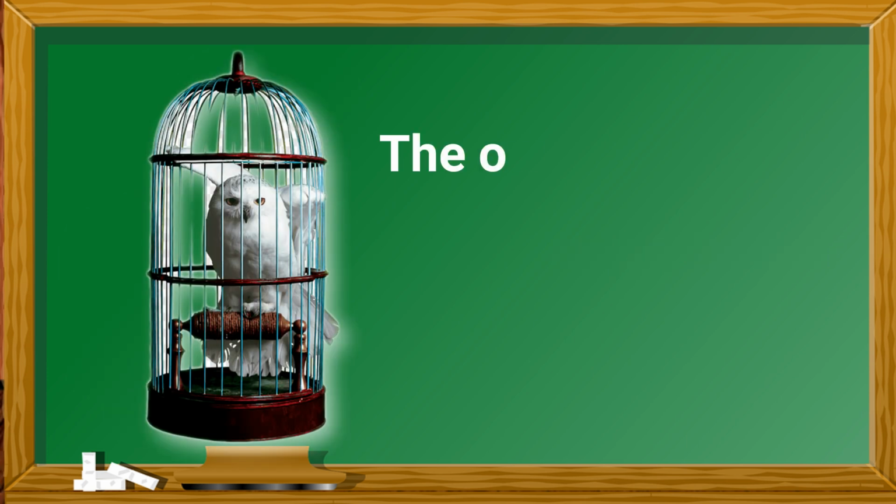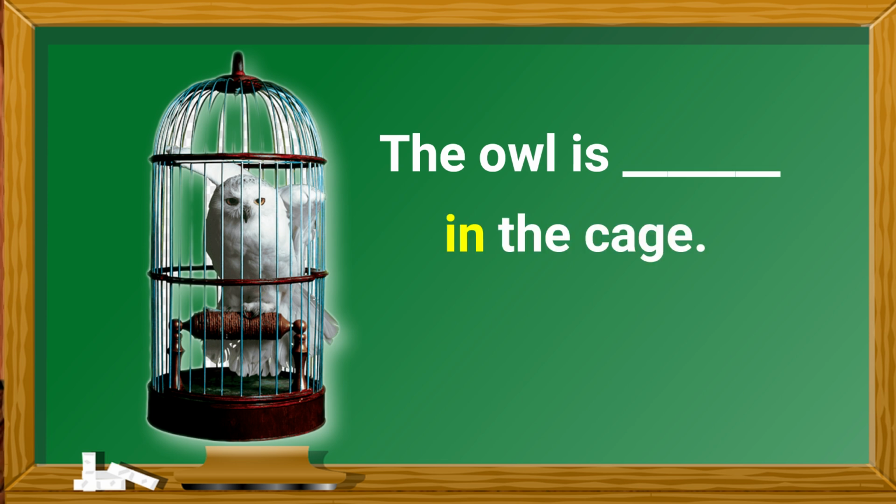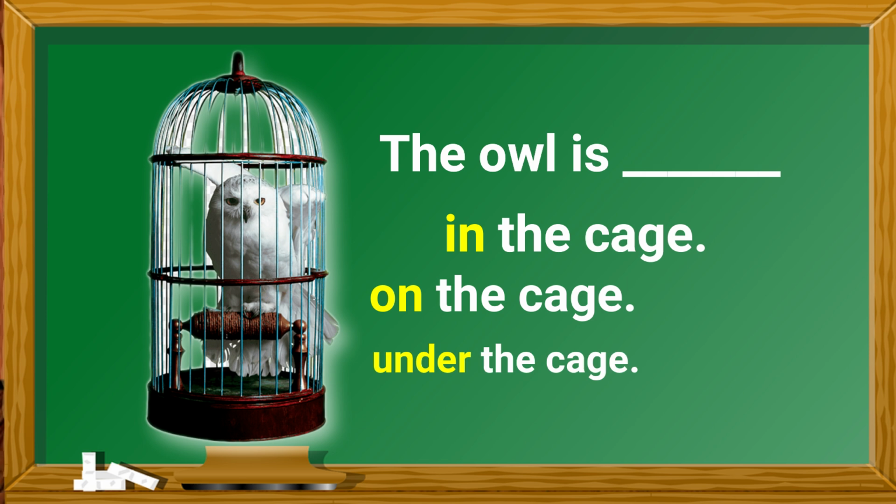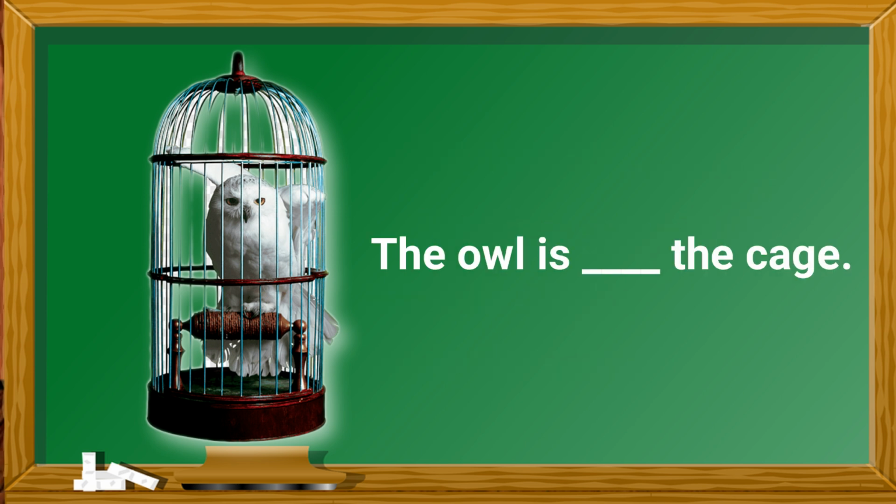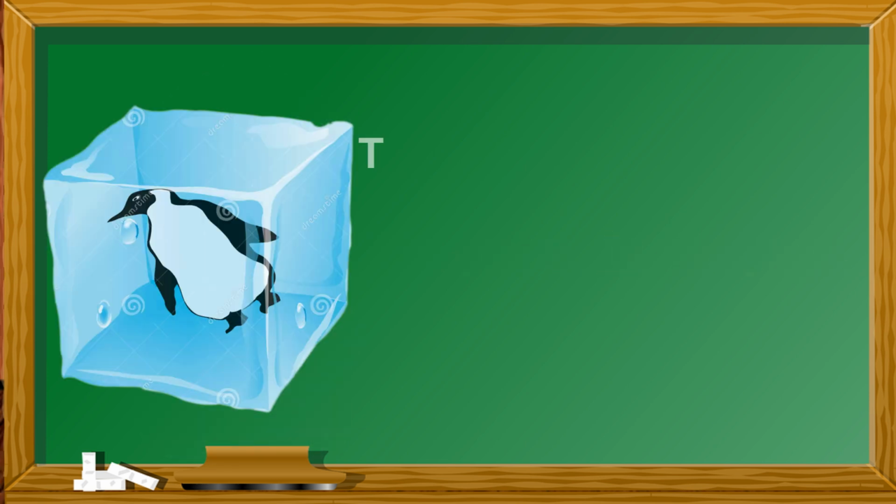The owl is blank. In the cage, on the cage, under the cage. Correct! The owl is in the cage. The penguin is blank.